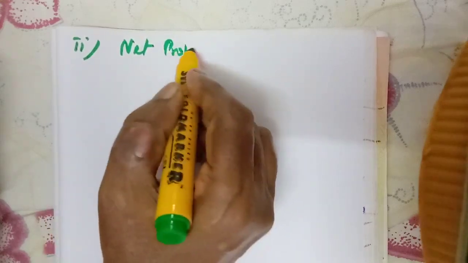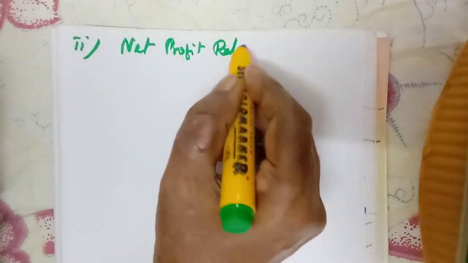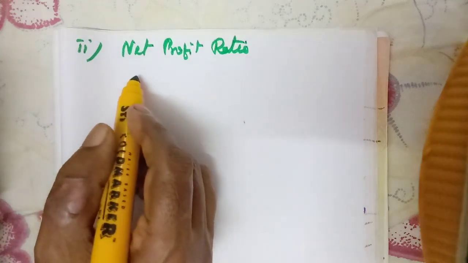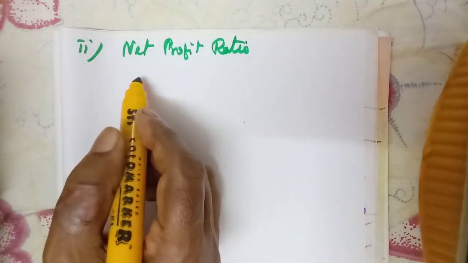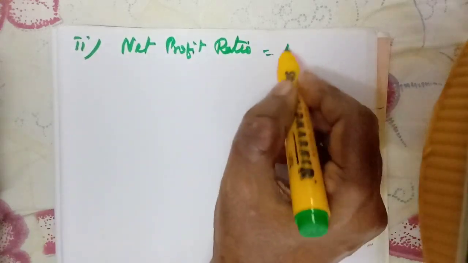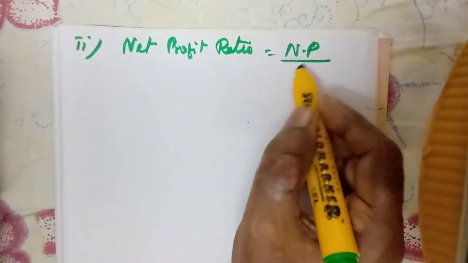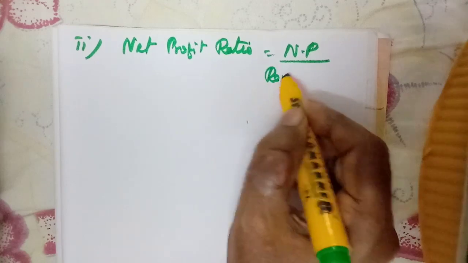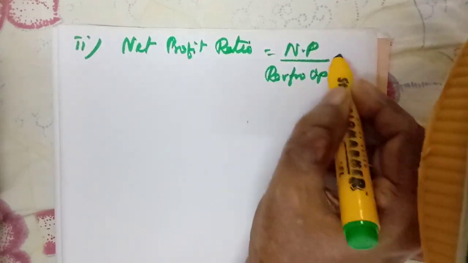Net profit ratio is very easy, no need to calculate anything. Net profit is the last item in the statement of profit and loss. The formula is net profit divided by revenue from operation into 100.